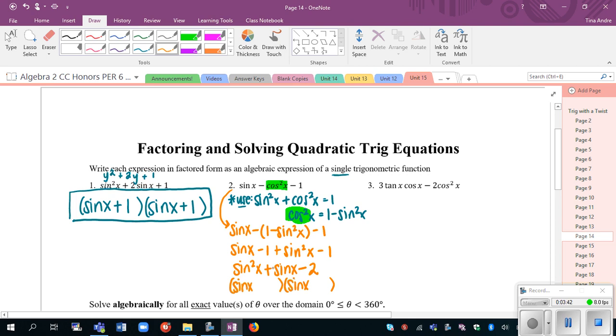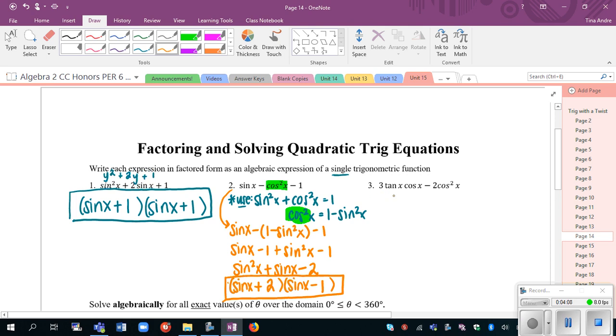Then we're looking to add to 1 and multiply to negative 2, so we're going to have a positive and a negative. A plus 2 and a minus 1 will multiply to negative 2 and add to 1, because we have 1 sine x, so it's basically a coefficient of 1. So that's it. Again, if you multiplied those together, you would get back to this original.